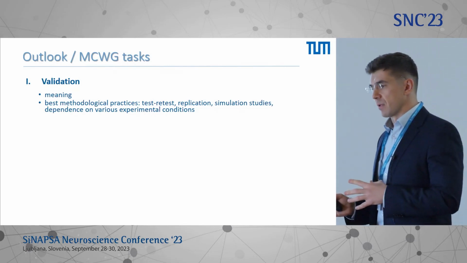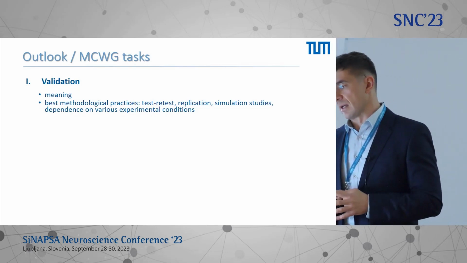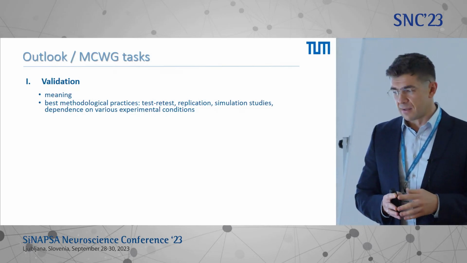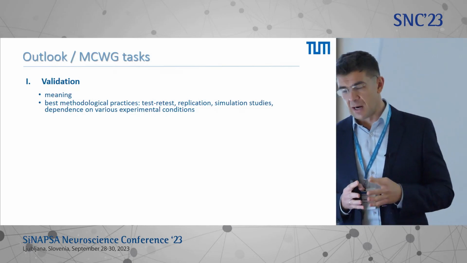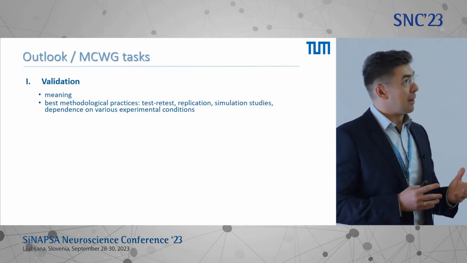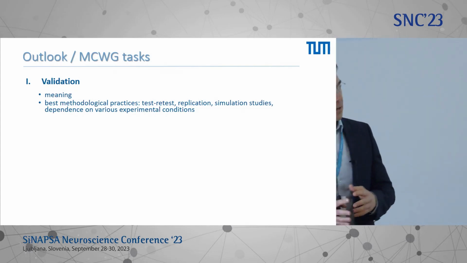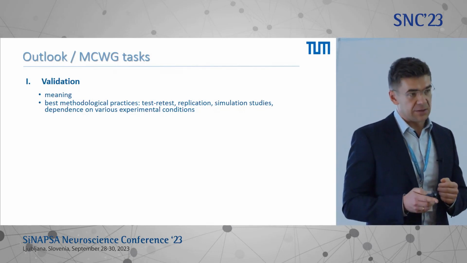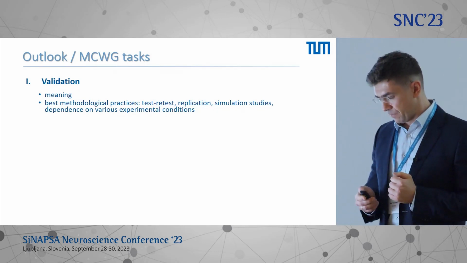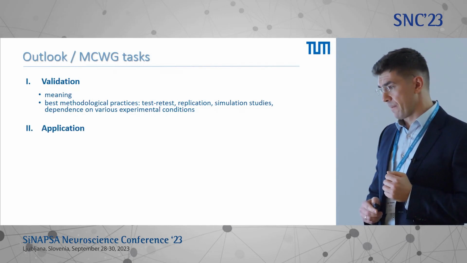So how reproducible, how replicable are data? Simulation studies are very important. How dependent are these covariance patterns on different experimental conditions, for example, number of subjects or acquisition technique.